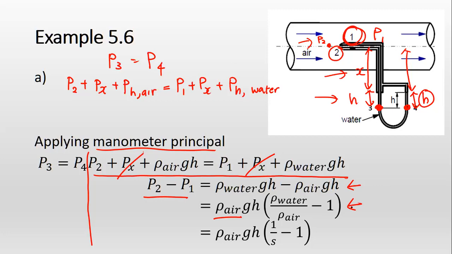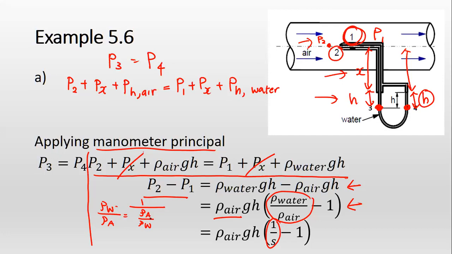How do we change this rho water over rho air into 1 over S? We take the reciprocal of it, so this becomes rho air over rho water. Mathematically they are the same because I'm just taking the reciprocal.